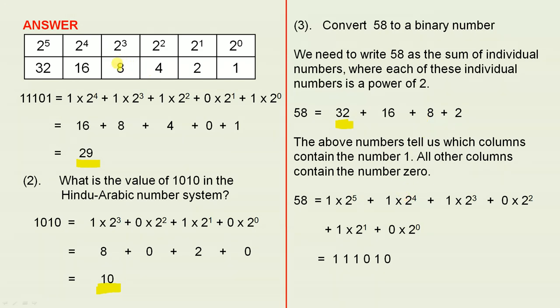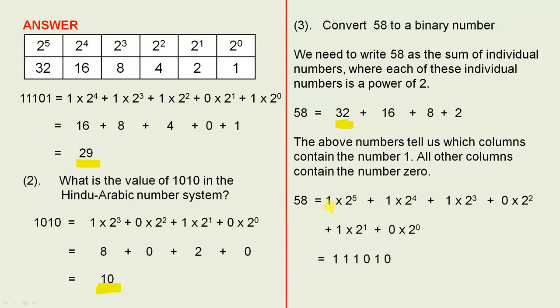The 8 is in this column. So we have 1 times 2 to the power of 3. Now, the next one is a 2, which is that column. That means there's a 0 in this column. So that's 0 times 2 squared. The 2 is 1 times 2 to the power of 1. And for the last digit here, it's 0 times 2 to the power of 0.